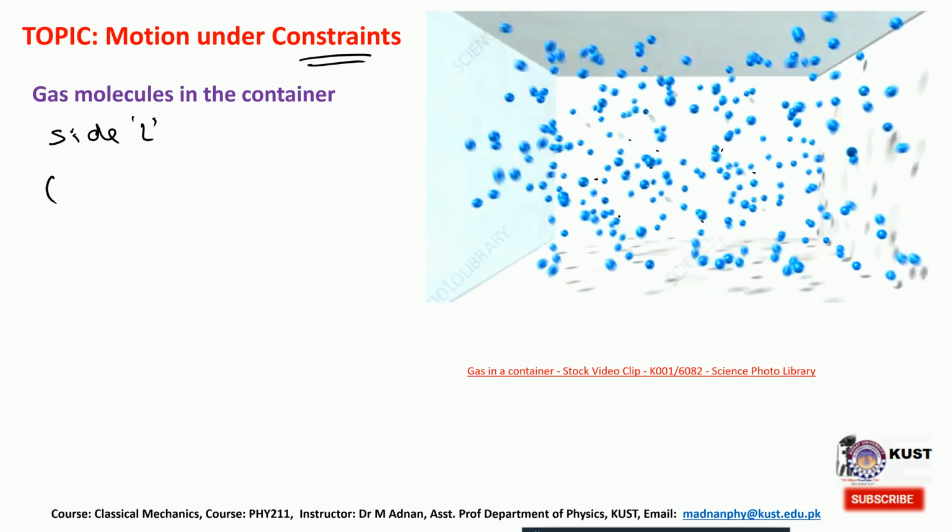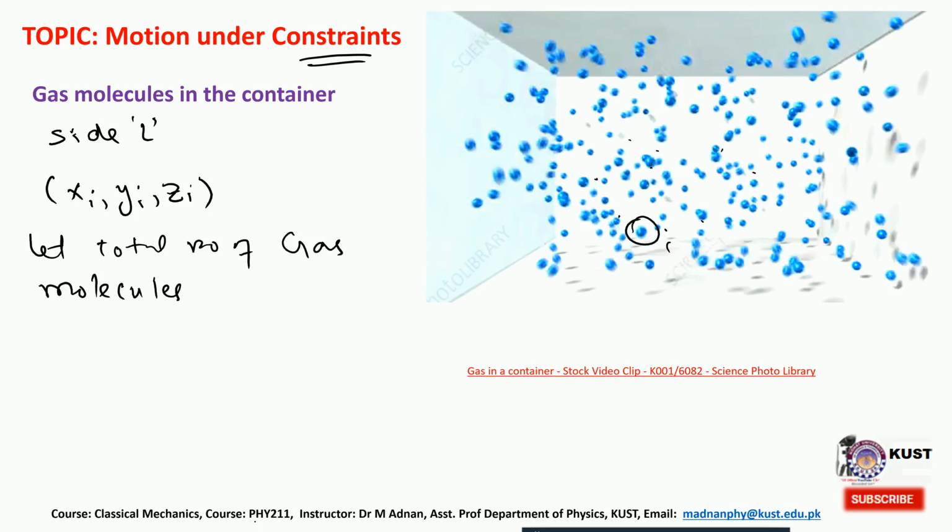If we want to write the configuration for this gas molecule, let's say this is the ith molecule of this gas, so this configuration will be xi, yi, and zi, that is the respective position vectors along the three coordinates, where we have in this container a total number of gas molecules n, so then we can write i equals from 1 to n.